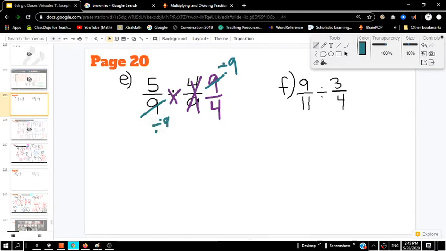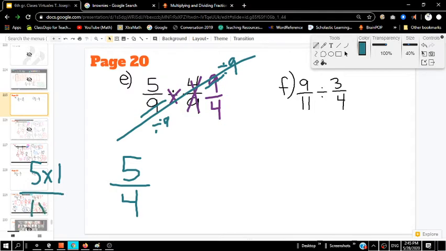Since that goes away, I can just cross it off. And we're multiplying 5 by 1 and 1 by 4. So our fraction that we're left with is 5/4. If you want me to write that out completely like I had been before, it's 5 times 1 over 1 times 4, which equals 5/4.